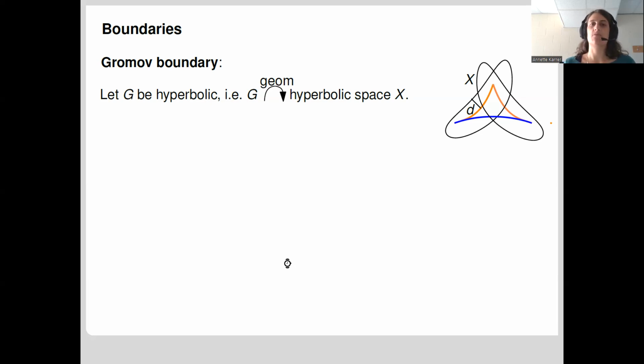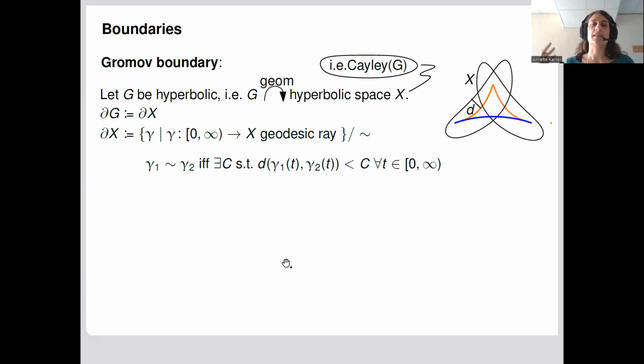So what you can have in mind is to think of X as some Cayley graph of G. And now the Gromov boundary of the group is defined as the Gromov boundary of a space on which the group acts geometrically, and it is not important which space we take. The Gromov boundary is independent of the choice of the space.